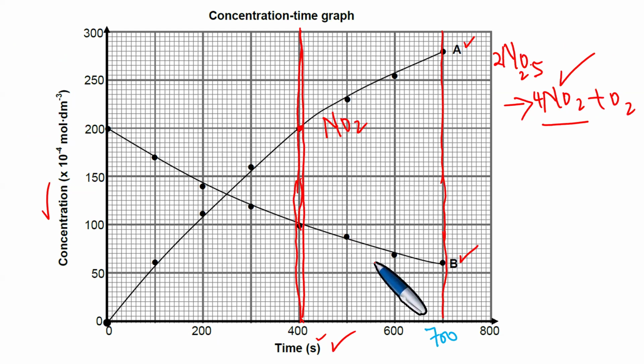And as it shows a decrease, since the average rate is the change in concentration divided by change in time, this graph has a negative slope. I decided to choose graph B, but we're going to use graph A also. We're going to use both graphs at 700 seconds, and we're going to get exactly the same answer. But I decided to use graph B, whose slope is negative because it's running down slope. This one is running up slope, so this one is running down slope, and therefore it is negative.